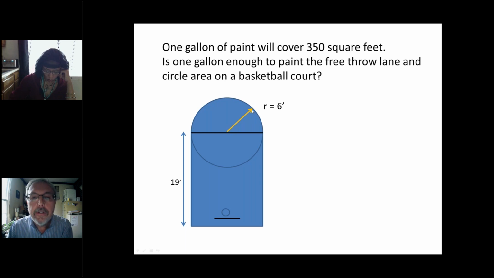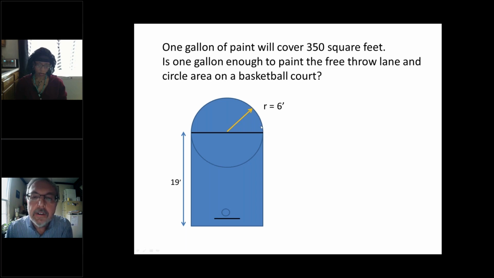So since this is the radius from the center of the free throw line, we're going to know that this distance would be what? This is the radius. Radius is 6 feet. So the distance from the center of the free throw line to the edge is also 6 feet.